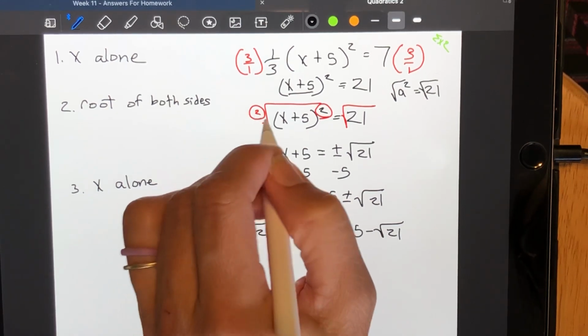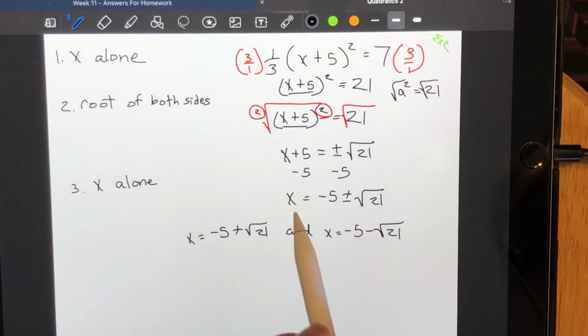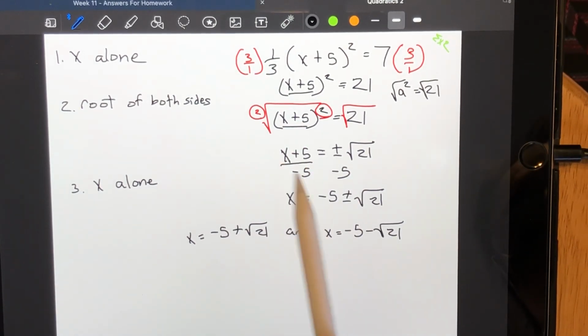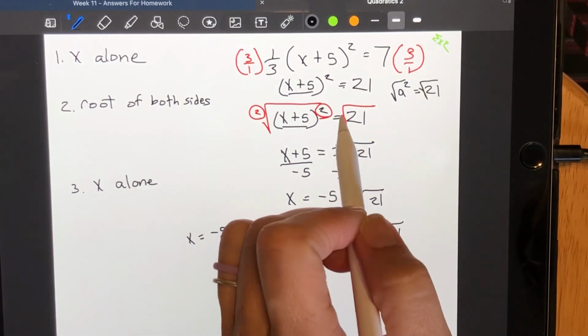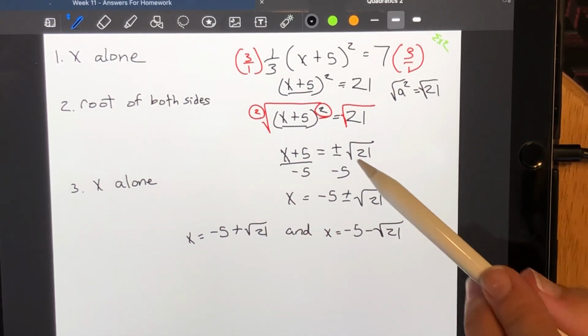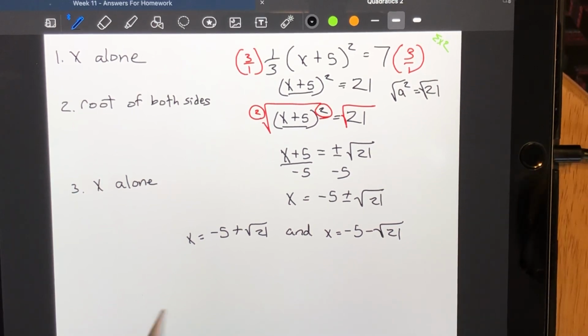Well, I have 2 of this entire binomial, so my base happens to be the entire binomial that gets to stay. Now, over here, I just took the square root of a number that wasn't squared in the first place. So we add plus or minus, and we leave our square root of 21.